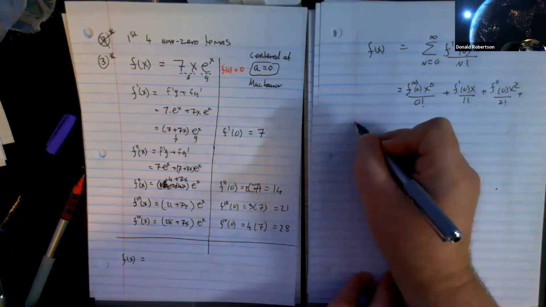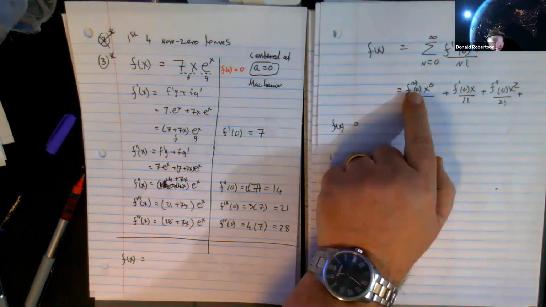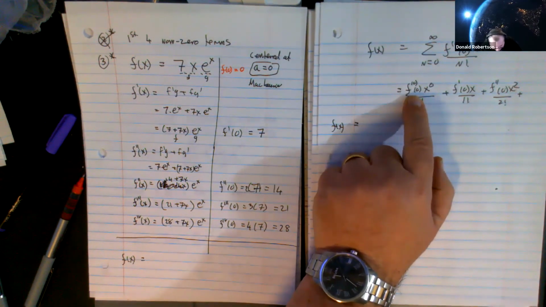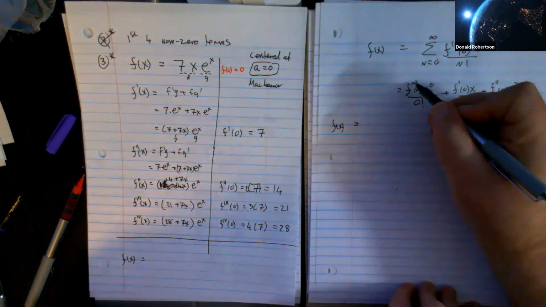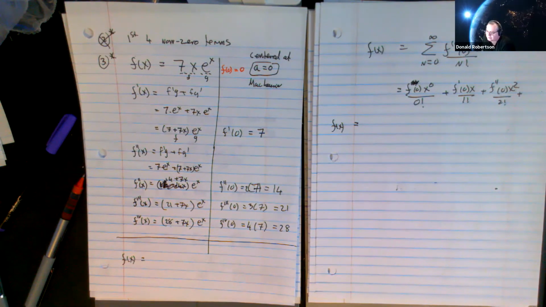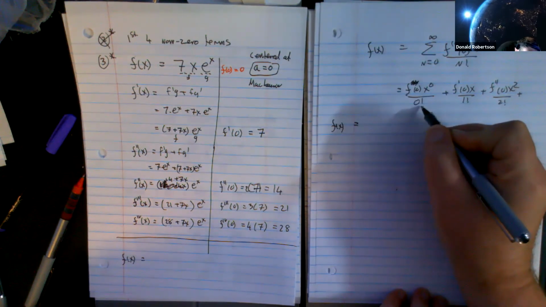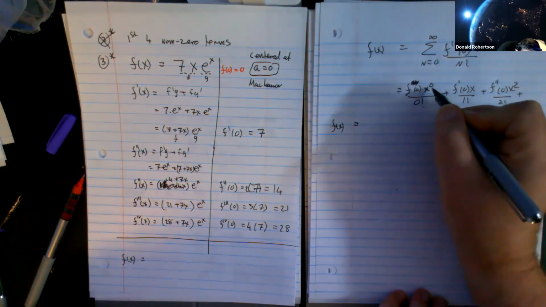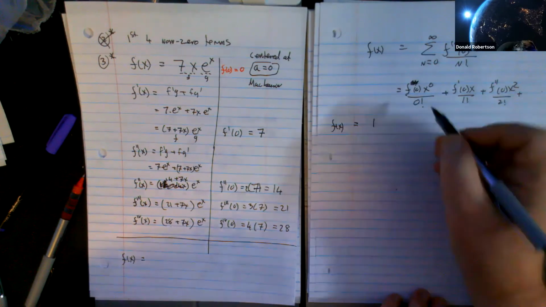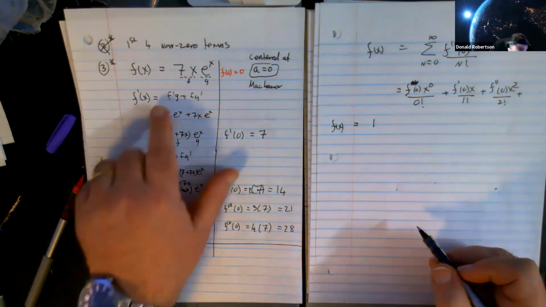So here goes. The 0th derivative at 0 is just the value of the function at 0. That's how you define the 0th derivative, since you haven't differentiated it at all. Isn't this 0?